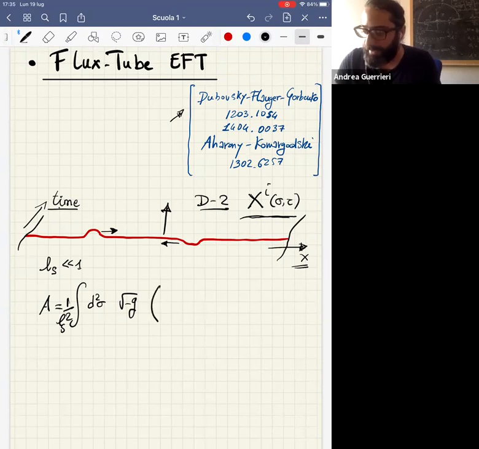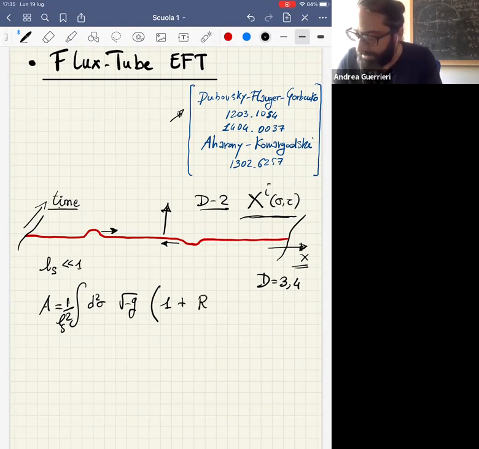And then we will have a number of terms, 1 plus, and in principle we can have infinite terms. Because if the embedding space is not some special dimension, but some physical dimension like 3 or 4 that we might want to look at, then this is an effective field theory. So there will be an infinite number of corrections.